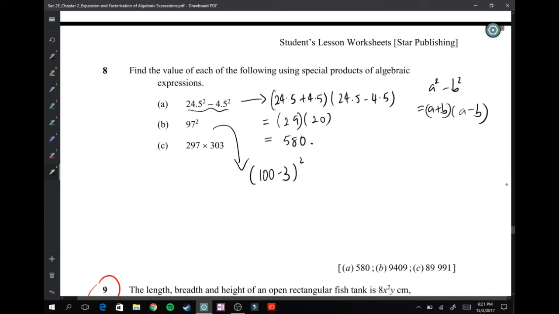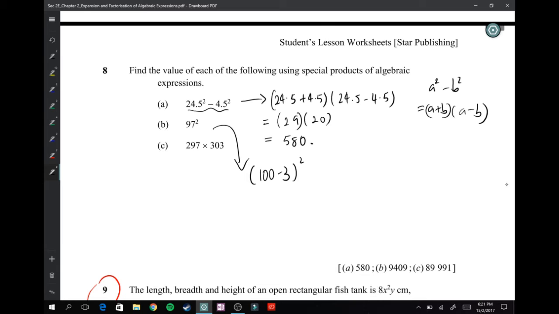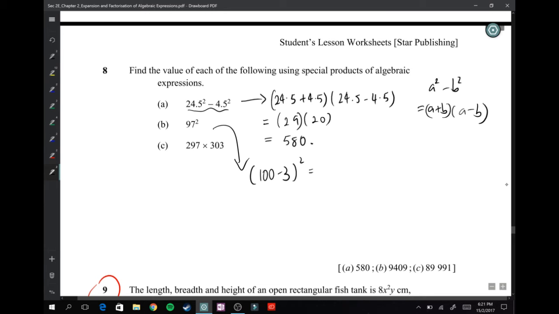So 97, the nearest nice number is 100. 100 square is just 100 plus a 20 behind, right? And so we can simply do this: 100 minus 3, the whole thing square. Remember, a minus b, the whole thing square, gives you a square minus 2ab plus b square. In this case, our a is 100, and our b is 3.